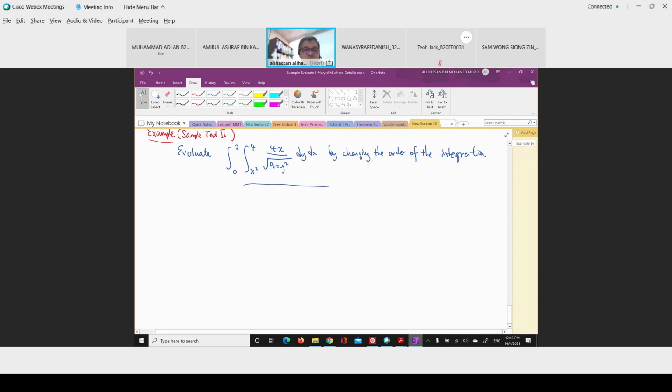Because if you want to evaluate this integral with respect to y, dx, it involves 1 over square root of 9 plus y squared.